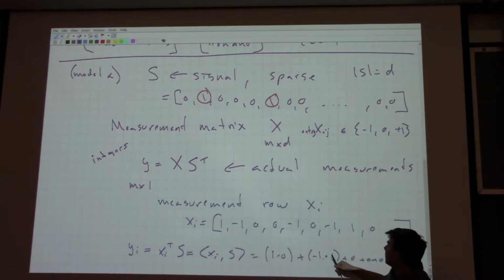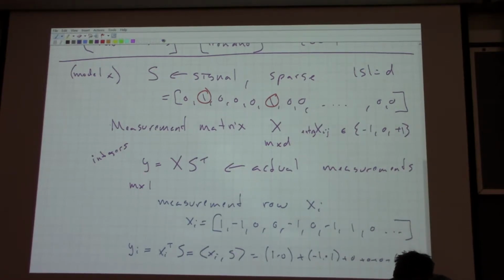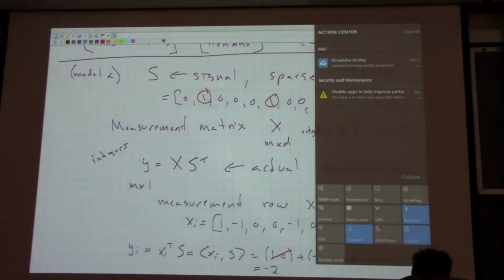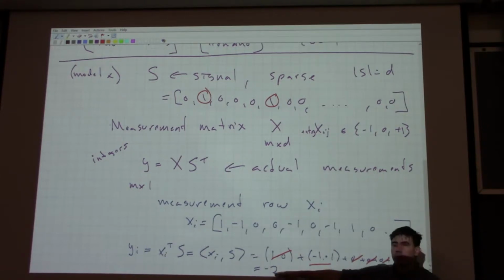And then again, a 1 and then this other minus 1 here. So minus 1, 1, plus zeros. And this will just keep going. It'll be a sum of all of these D entries. In the end, this measurement will be, in this case, minus 2. Most of the terms I can completely ignore since they are all zeros. The only ones that matter are the minus 1 here and the minus 1 here, and they sum up to minus 2.